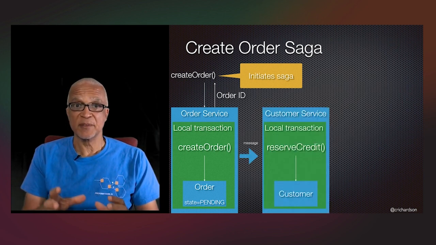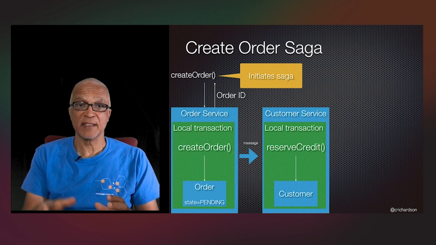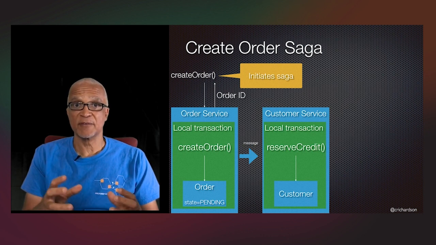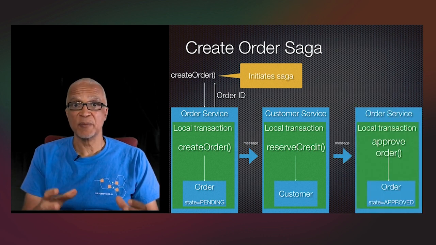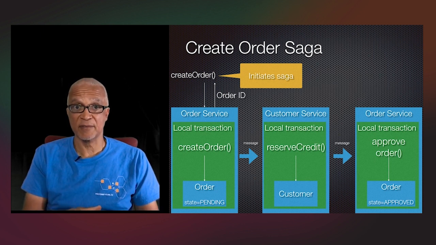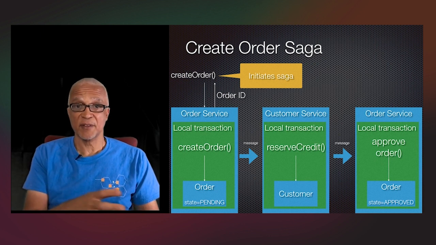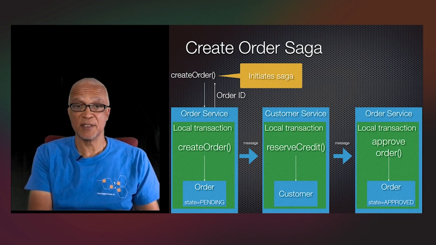It also sends a message that triggers the next step, which occurs in the customer service. This step reserves credit for the order, and then assuming that the customer's credit can be successfully reserved, the customer service sends a message which triggers the third step in the order service.